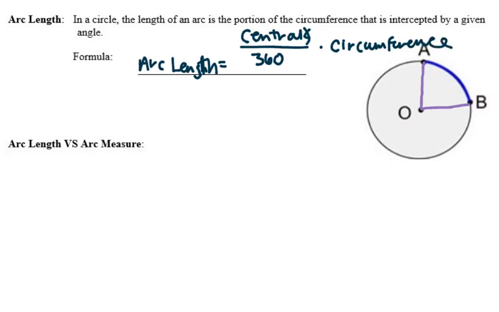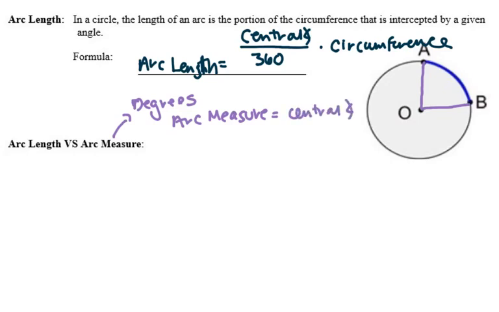So a couple important things here. First of all, we want to make sure we're understanding the difference between an arc length and an arc measure. Arc measure is going to be something that's given in degrees. For example, in the picture that we have here, our arc measure is equal to our central angle.